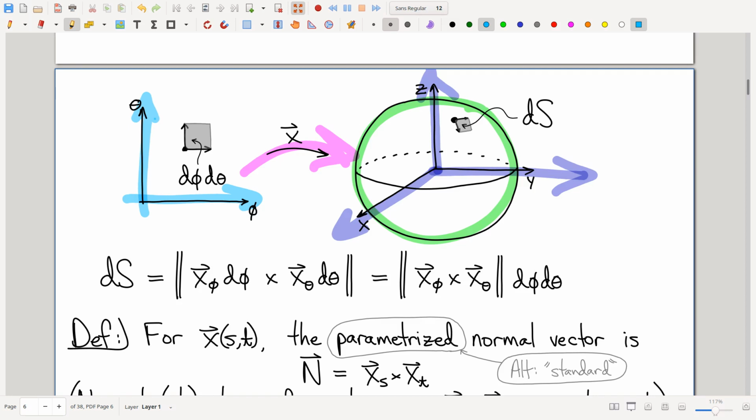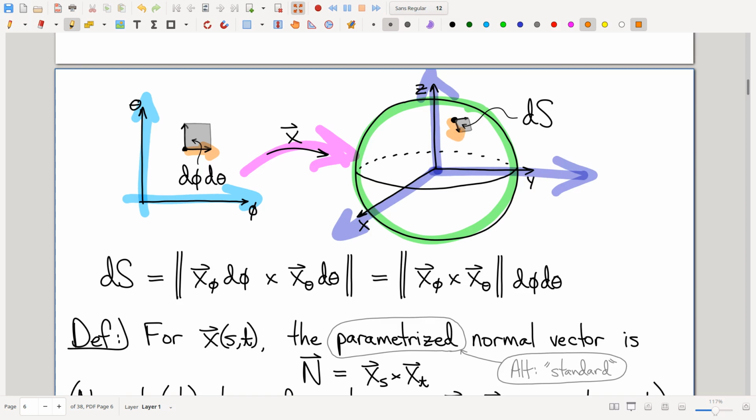So I make the modest observation that if I were to move a little ways over in the phi direction, then that's going to move me on the sphere as well. And big surprise, it's going to move me in the phi direction. Keep in mind, phi is measured from straight up.